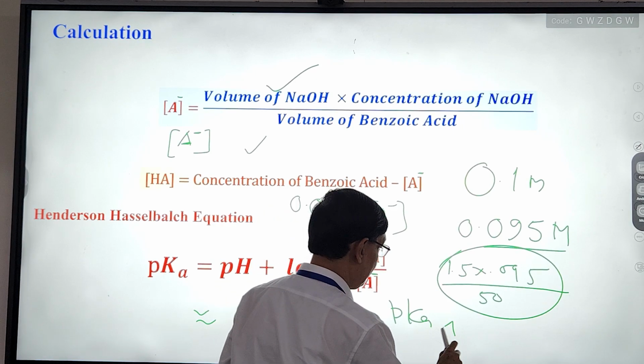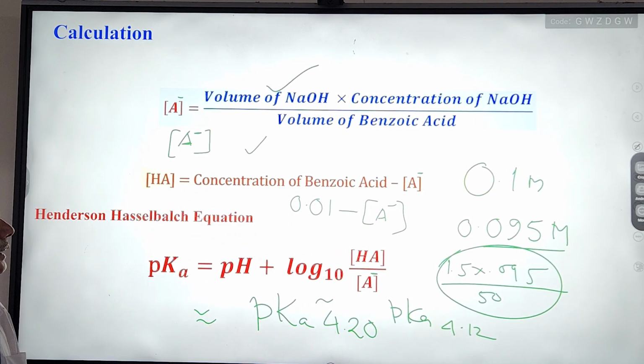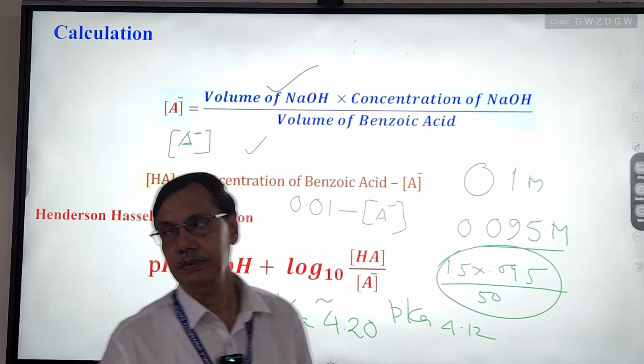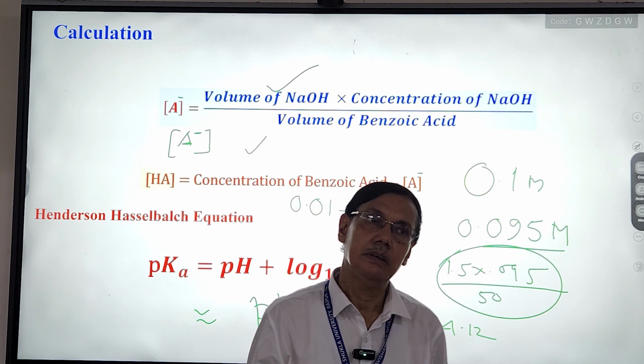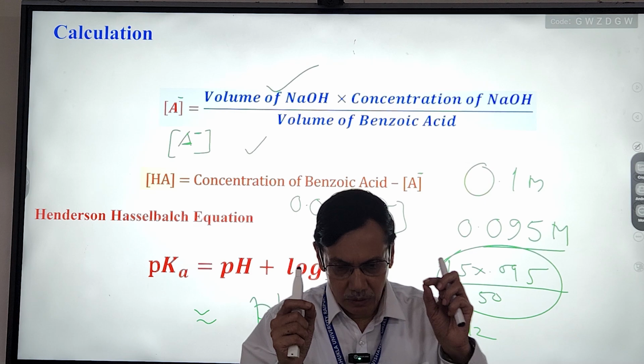I am very happy that today 3 students have performed the experiment. Let me summarize: it is a very simple experiment, and you have seen that you are getting the correct value for benzoic acid.